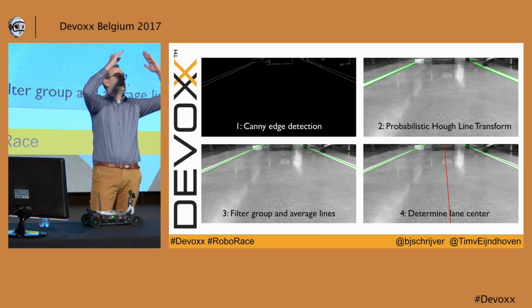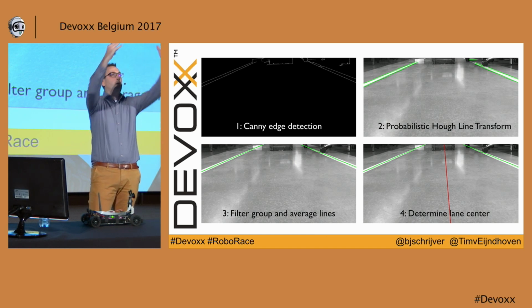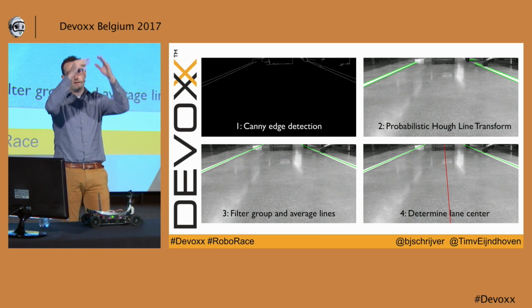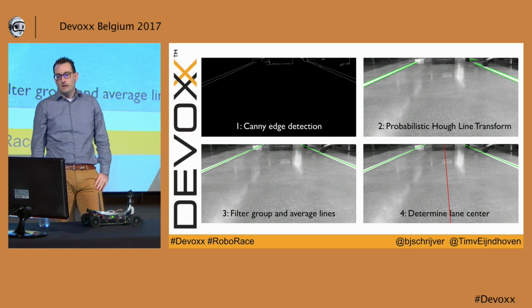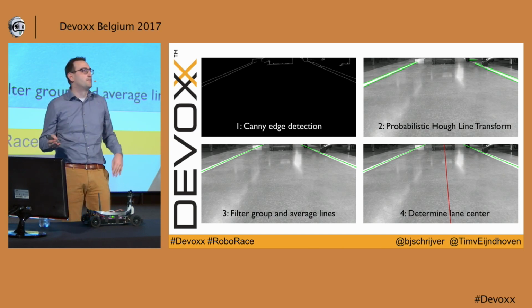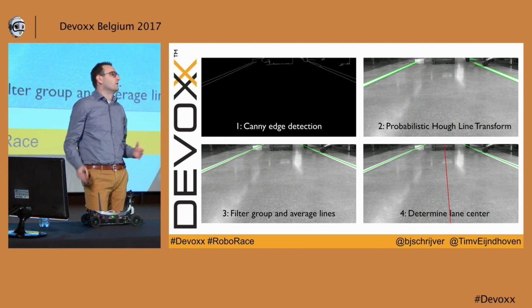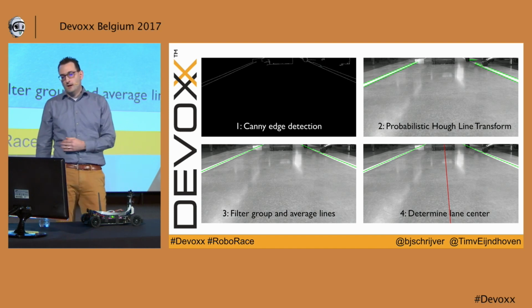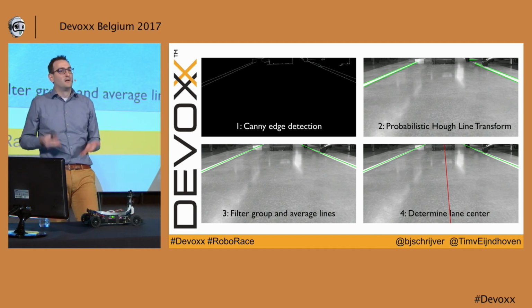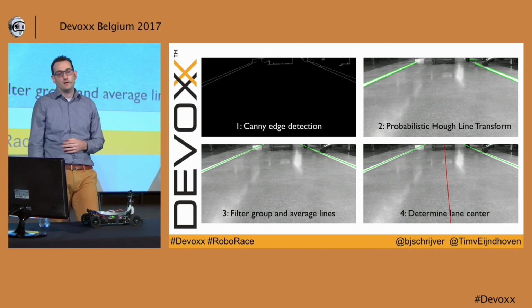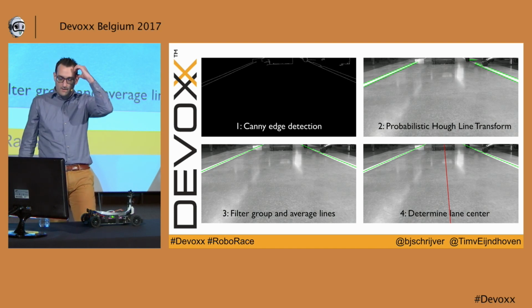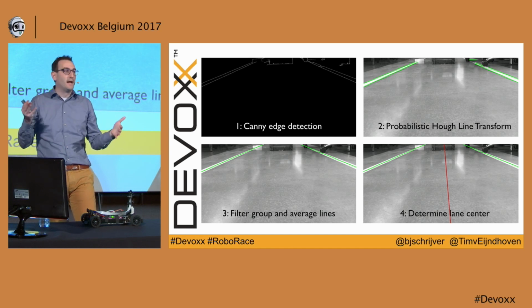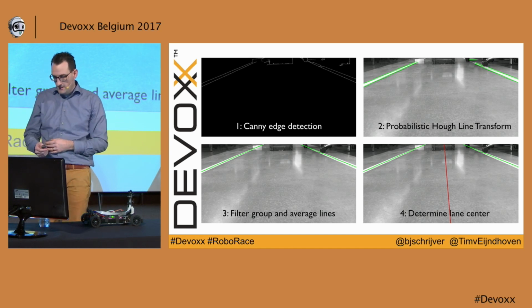So we know that the road will join to the top. We can filter the lines based on a predicted angle with some margin. Then we can determine where the lane center is by doing some geometry, and we can determine the angle of the car and what we should do.